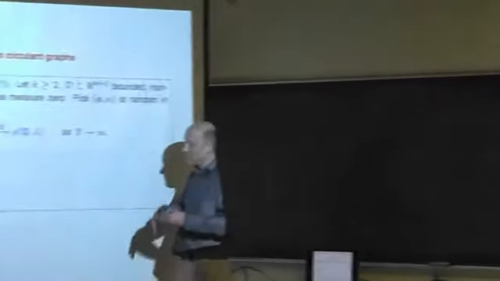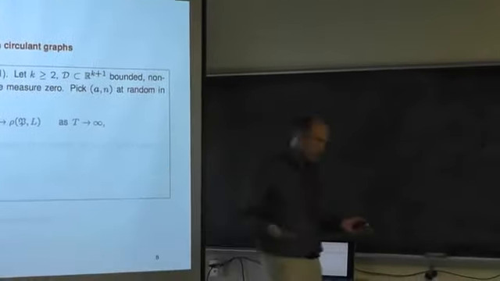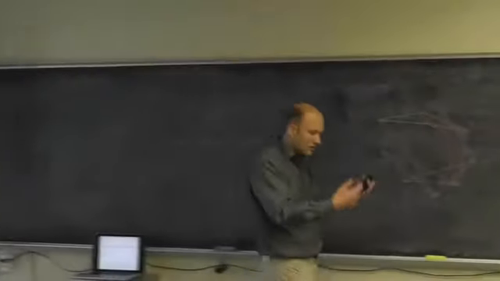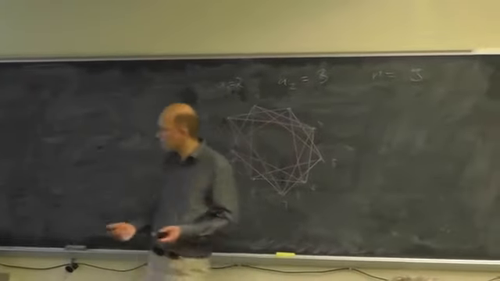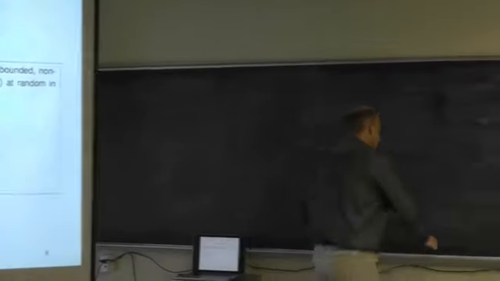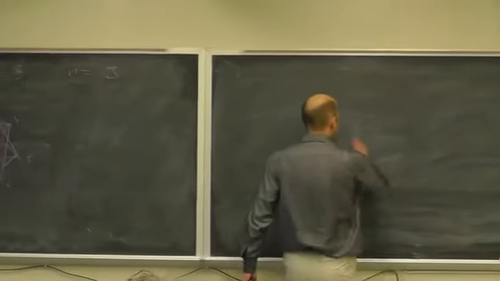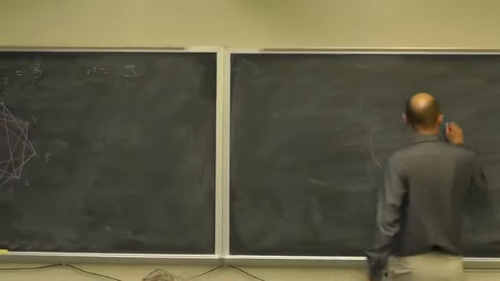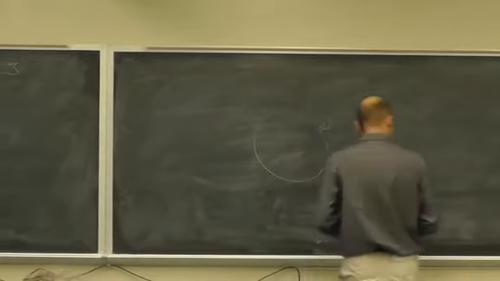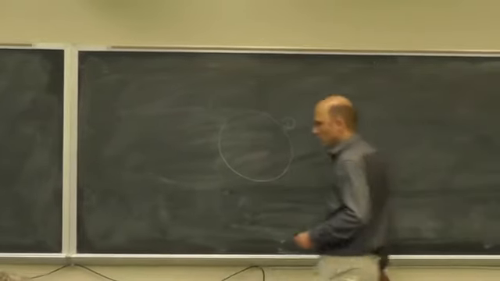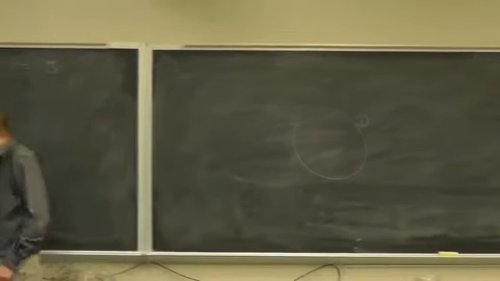So we want to look at an ensemble, as people do in general for random graphs. We want to generate an ensemble of random graphs, and we do this in the following way. We take some set, and again, just take a ball. This is my set D, and then you make that ball very large.